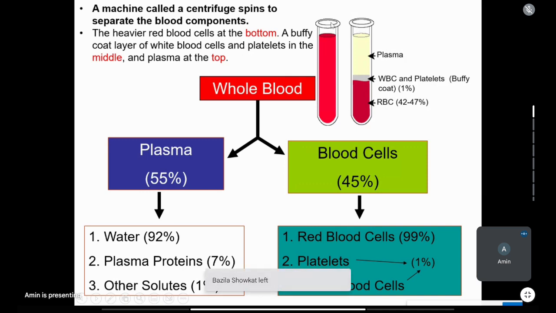This is before centrifuging, this is after centrifuging.